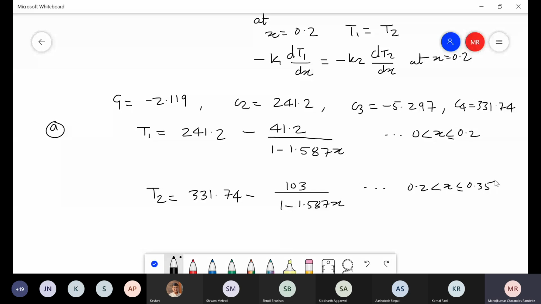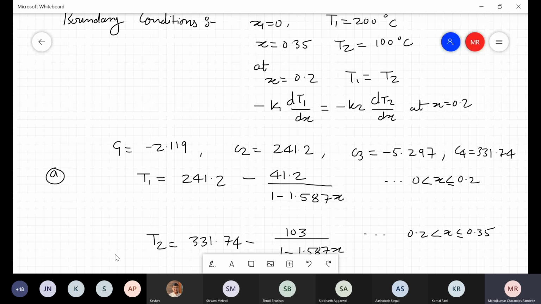Is it same? So can you scroll up the sheet? Scroll up. Okay, just wait. This one. Yes, sir.